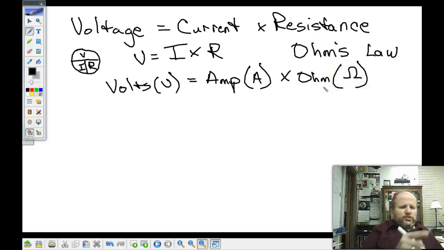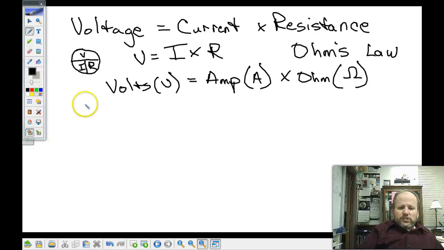So just like we did in the previous chapter, where I taught you that work equals force times distance, force being Newtons, distance meters, and a Newton meter is a joule, I now want you to see that an amp ohm is a volt. Just like a Newton meter is a joule, an amp ohm is a volt.